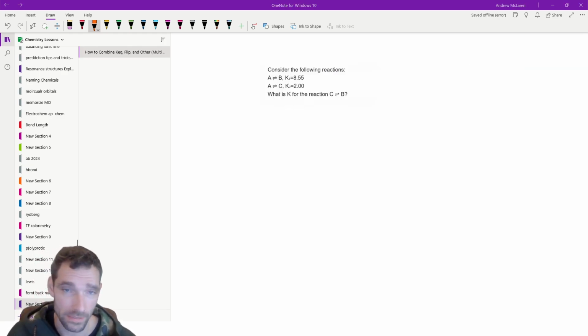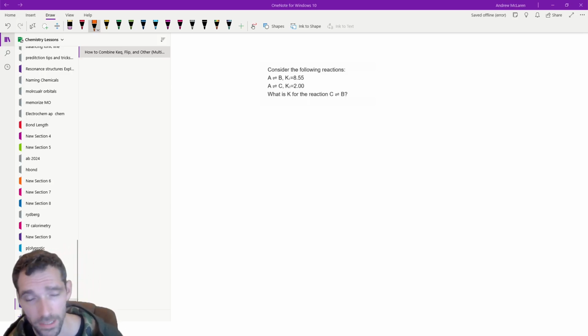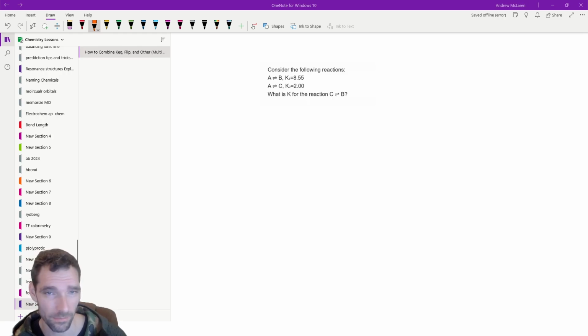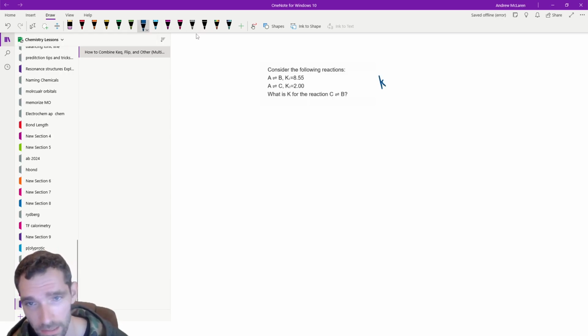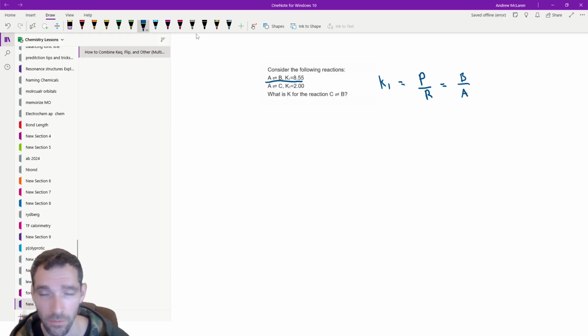So if we're combining 2 K equilibriums like this, it seems a little bit tricky at first, but you just have to think about the product-reactant relationship in general. Let's say we're talking about K1, which is for this one right here. It is going to be its products over its reactants, which happens to be B over A, and that's going to be 8.5.